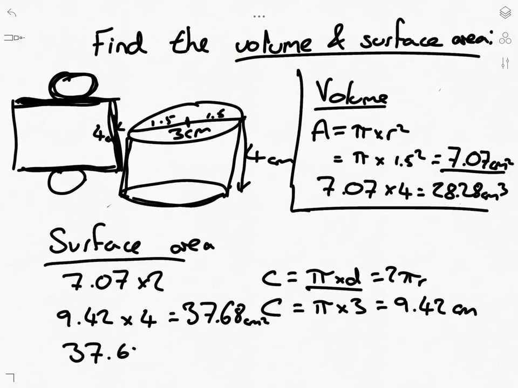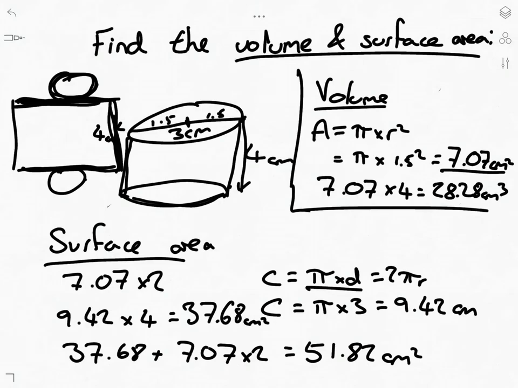So 37.68 add 7.07 times 2. And again, back to your calculator, because why not? If it's there and you can use it. And we get 51.82 centimeters squared.